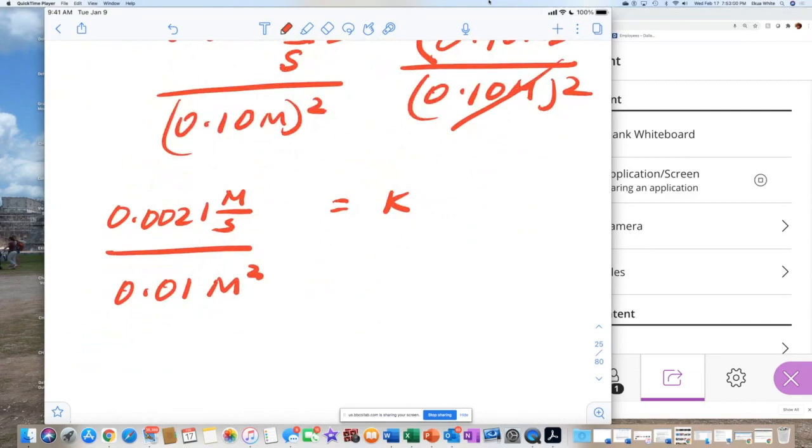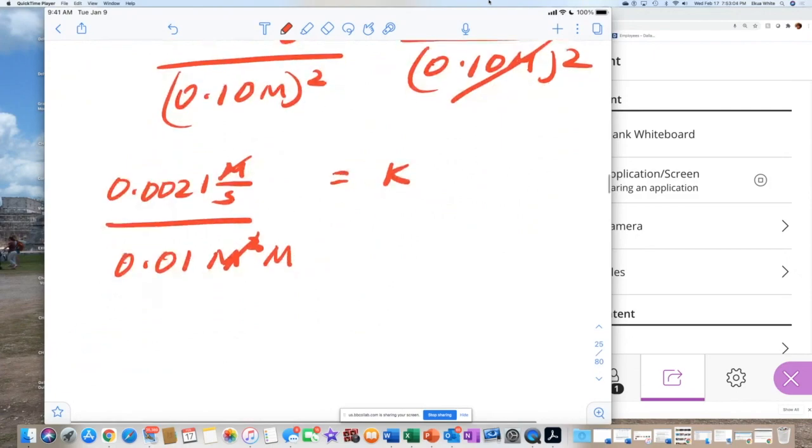So one of the M's cancels out with the top M. We're left with one M. So as far as the number is concerned, we have 0.0021 divided by 0.01, and we end up with 0.21 per molar second. This is K.